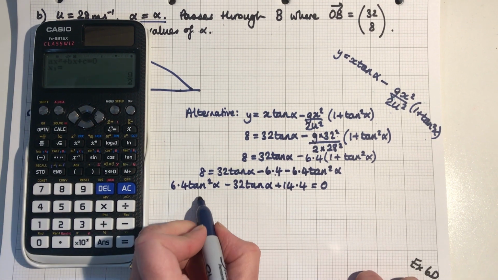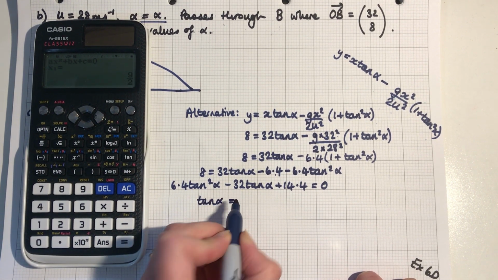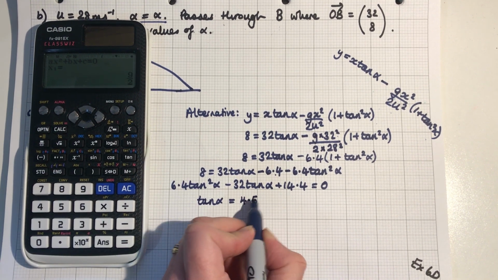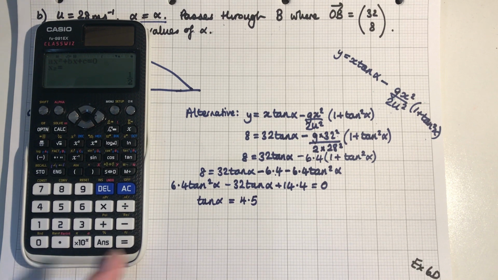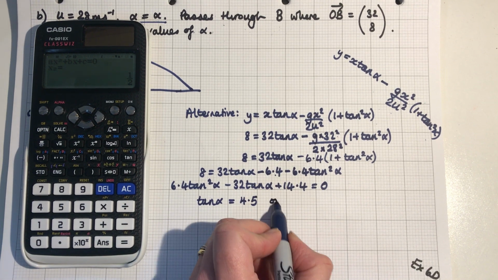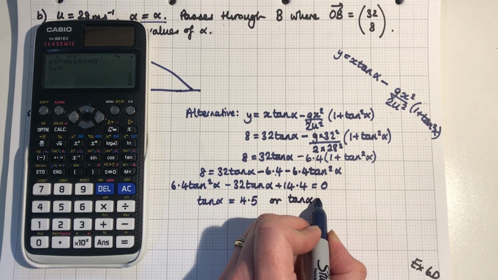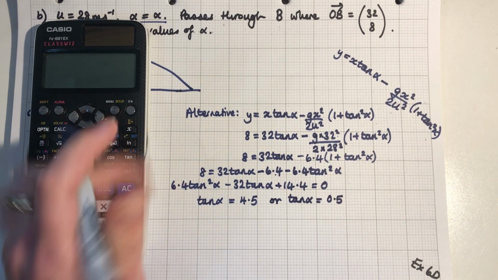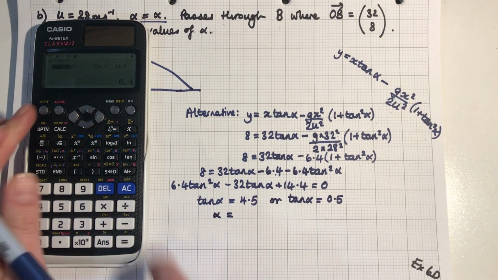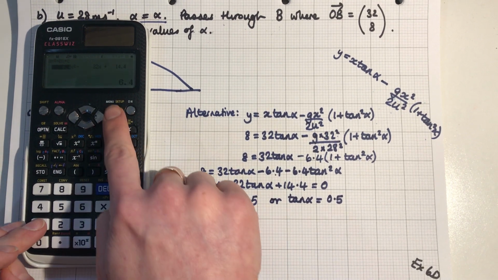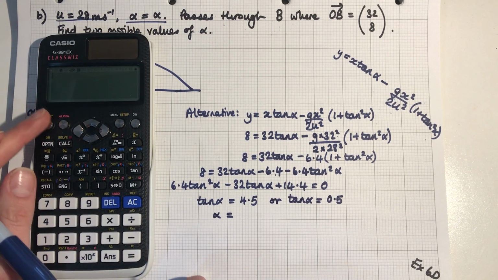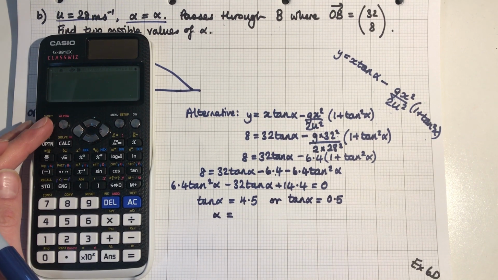That gives me tan alpha is 4.5, or tan alpha is a half, 0.5. So from this one, make sure I'm in degrees and not radians. I was teaching pure before, so I was stuck in radians, so let's make sure we're in degrees.